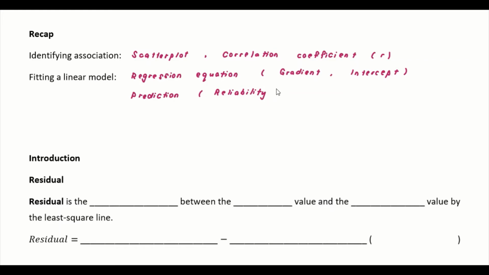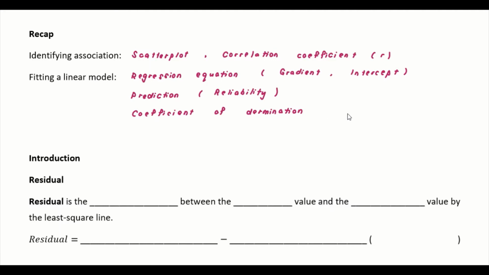Then after we did the prediction, we also talked about another measure, which is known as the coefficient of determination, R square. The coefficient of determination tells us how much variation in RV can be explained by the variation in EV.